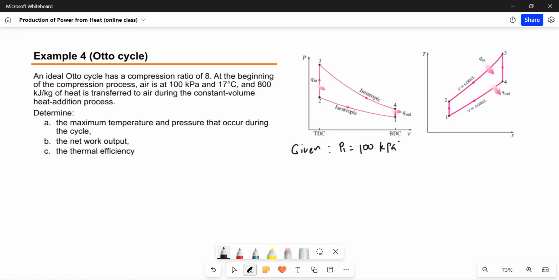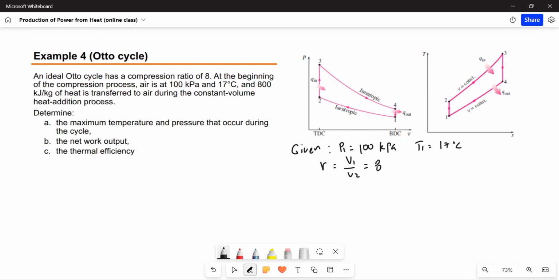And then T1 equal to 17 degrees Celsius. We are also given a compression ratio. So what is the compression ratio? It's the ratio of the high volume over the low volume. So let's write it as V1 over V2 equal to 8.